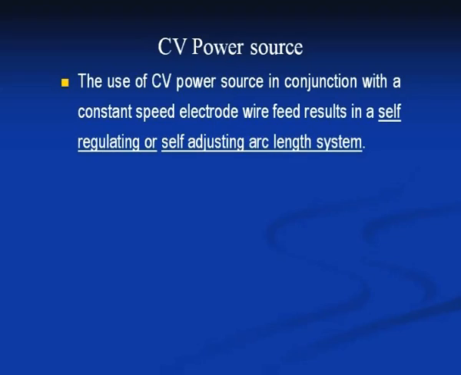Therefore, this type of welding power source is used mainly in semi-automatic welding processes. The use of a constant voltage power source in conjunction with a constant speed electrode wire feed system results in a self-regulating arc or self-adjusting arc length system.